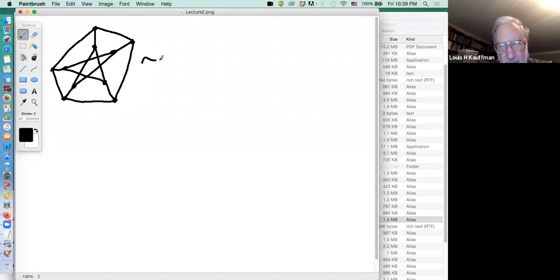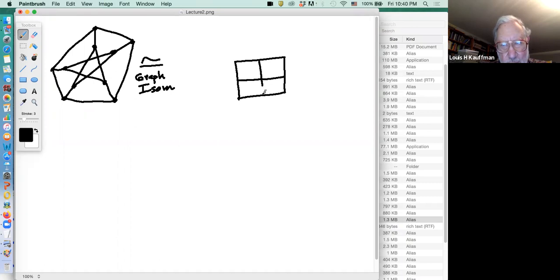So I claim that this is graph isomorphic to this beast.